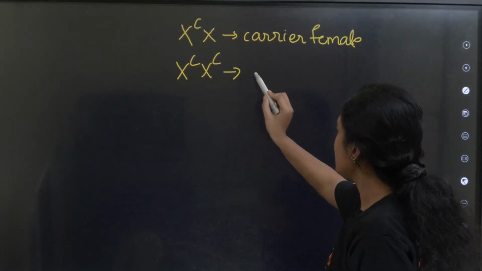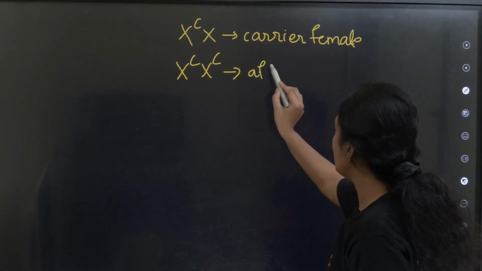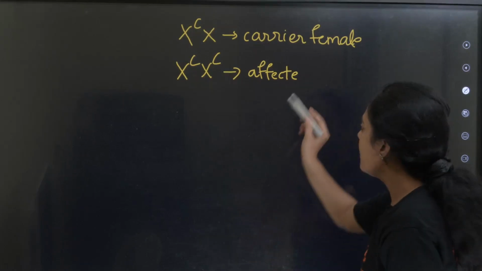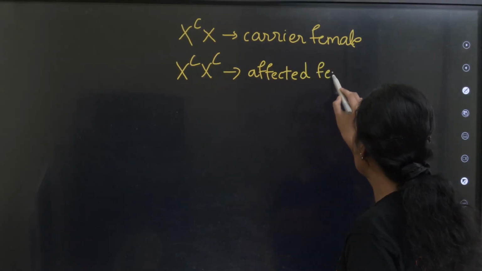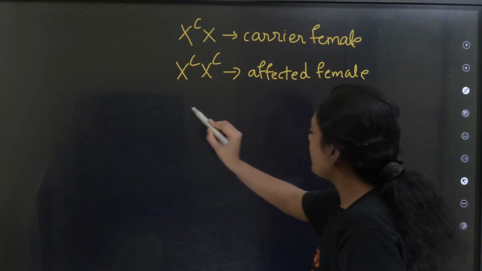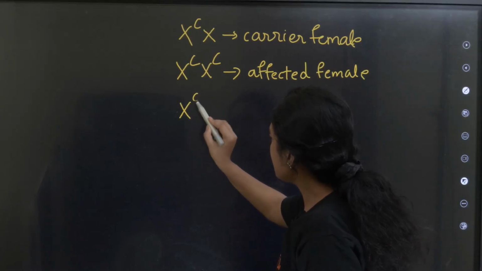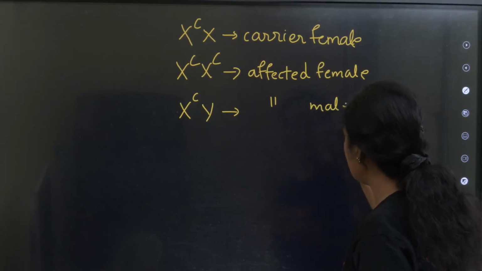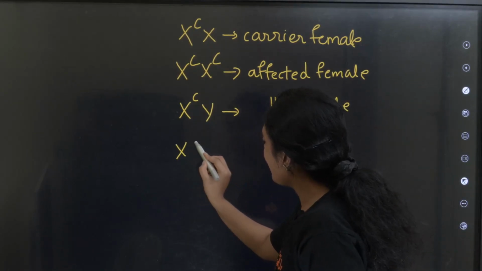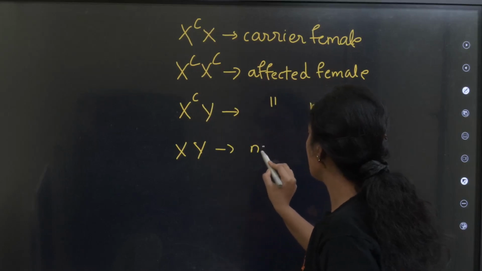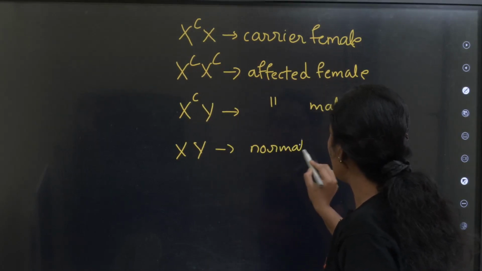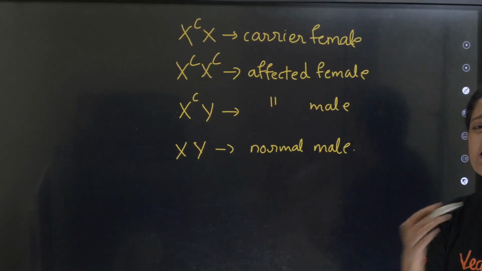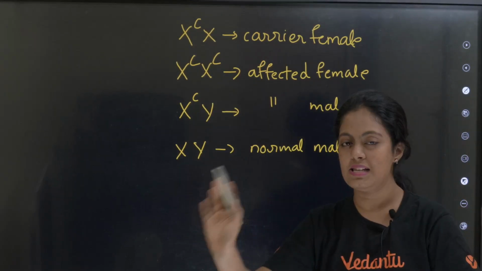So here you can see this is an affected female, or you can also say color blind female. Okay, so next it will be X^c Y. So this will again be an affected male. Then I have my XY. So this person will be a normal male. So if the four phenotypes are clear, you can just ace color blindness and hemophilia.